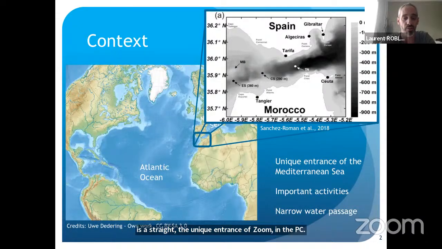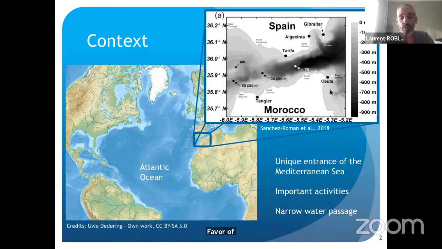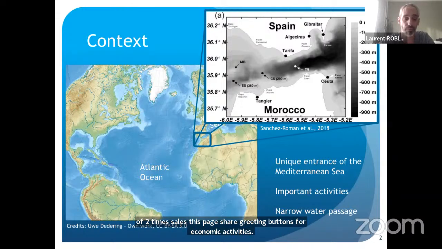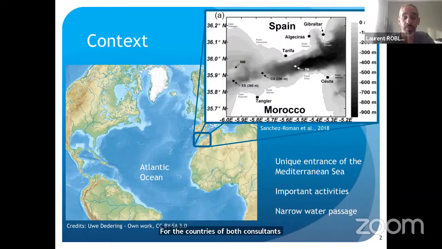And the strait is bordered by Spain and the British territory of Gibraltar in the north, and by the African country of Morocco and the Spanish exclave of Ceuta in the south. The strait features great importance for economic activities for the countries of both continents, and also important defense activities.